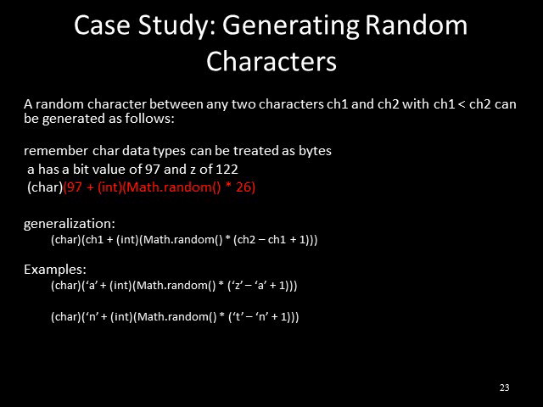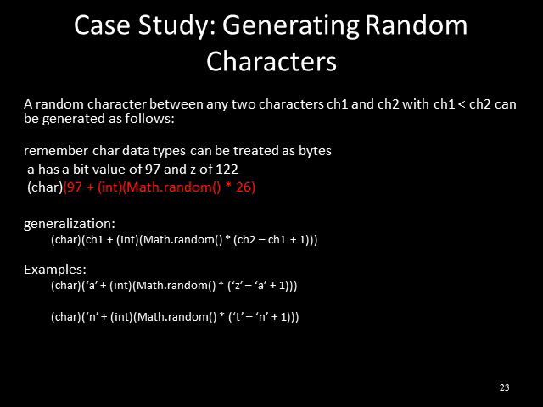So consequently, casting all of that then as a character would give us a random character between lowercase a and lowercase z. So we have a little generalization formula where we use ch1 and ch2, where ch1 is the lower character, lowercase a, that we want to use, for example.